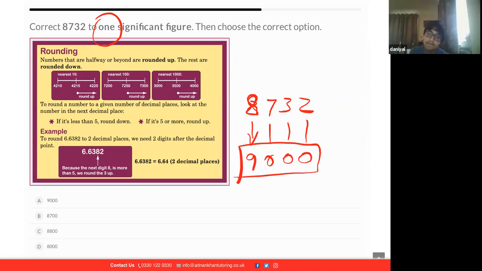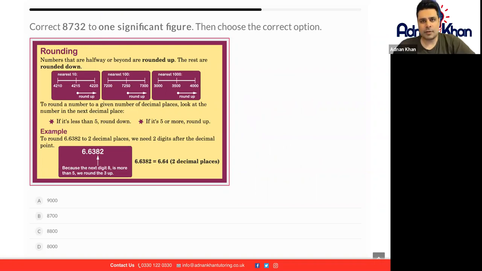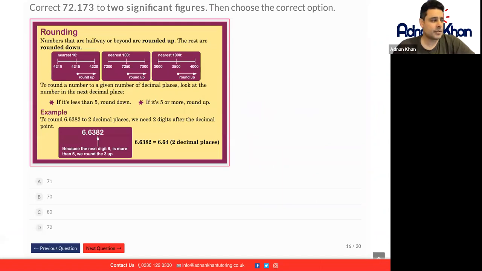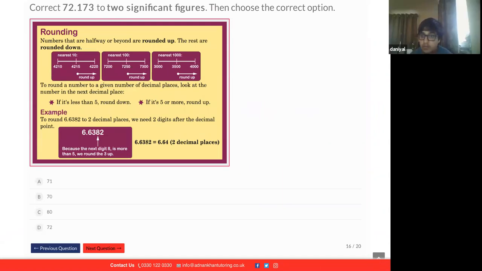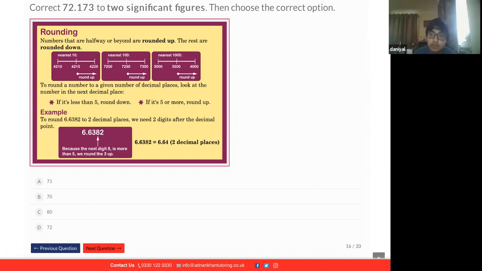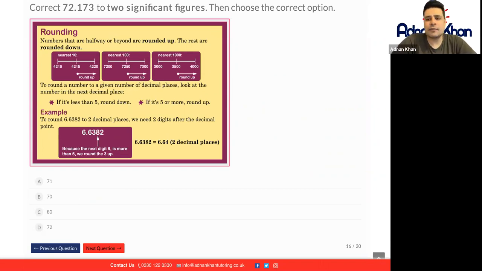Are you happy now with this? Yeah. Good. And that's exactly what I was saying, because a lot of students struggled with the significant figure numbers more than anything else. And that's why this topic was so important to cover today. The decimal places are okay. I think they're quite easy for you, but significant figures was the one that we wanted to do.